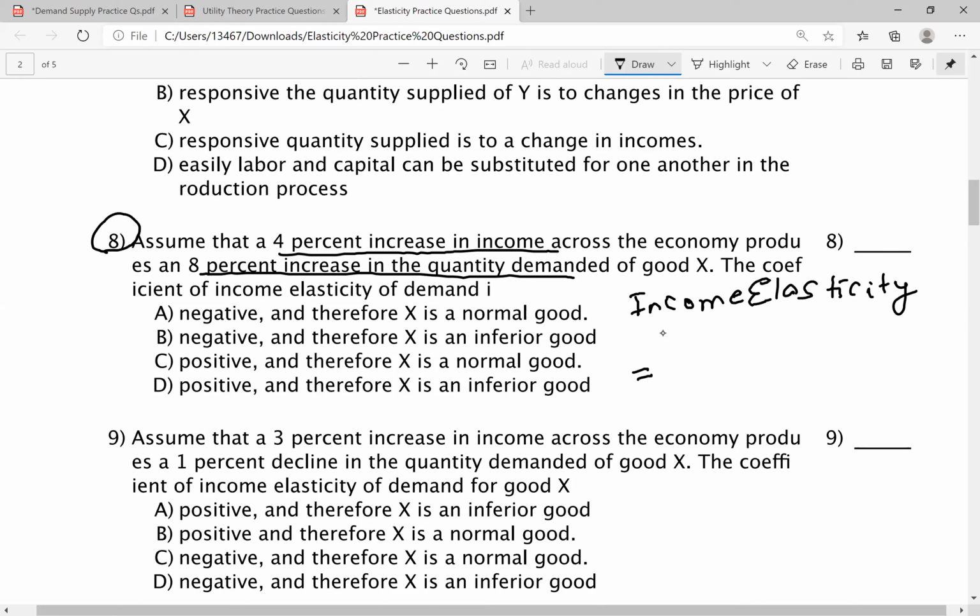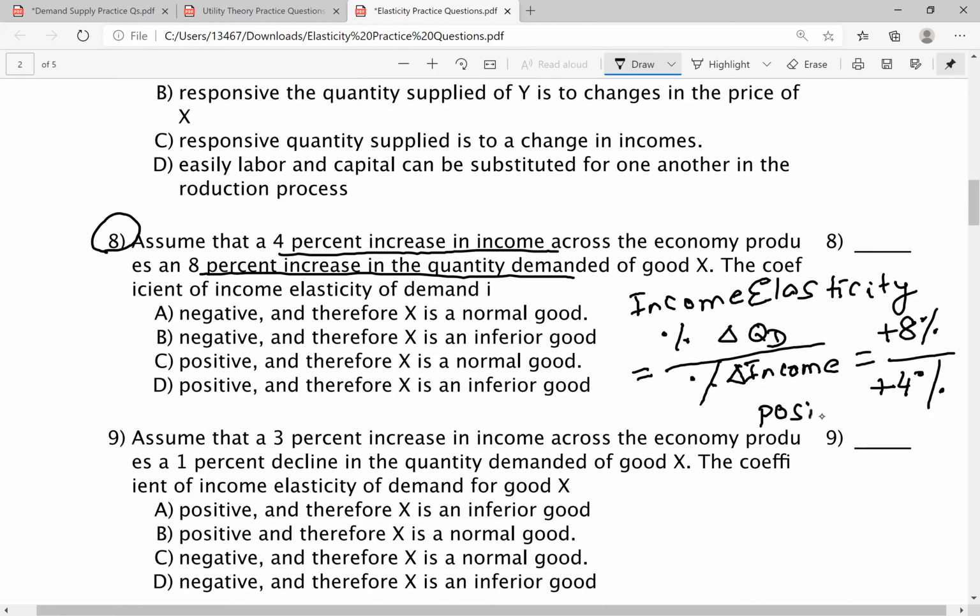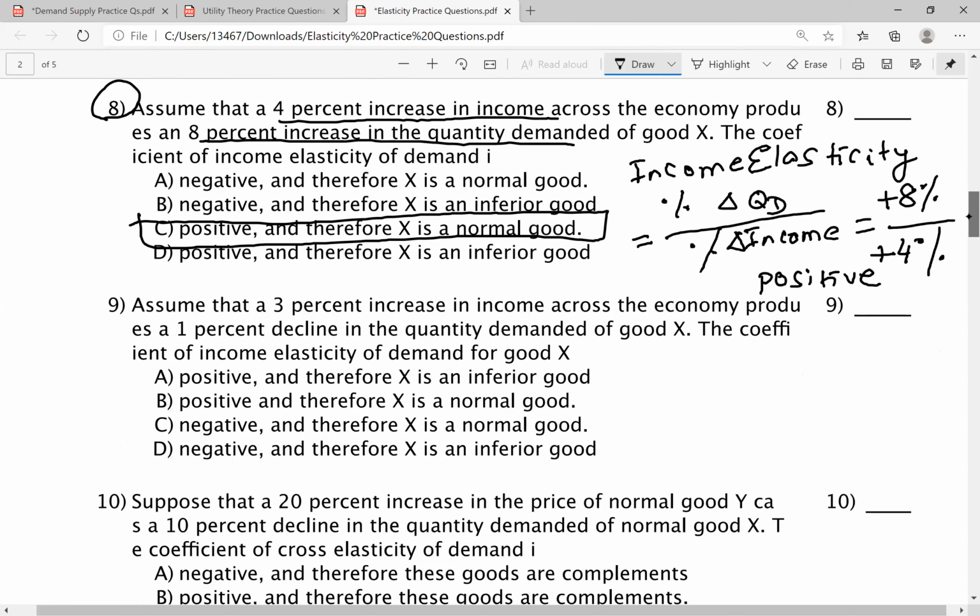Income elasticity is defined as the percentage change in quantity demanded over the percentage change in income. My quantity demanded is increasing by 8%. My income is increasing by 4%. As this is a positive value, I would say the good in question is a normal good.